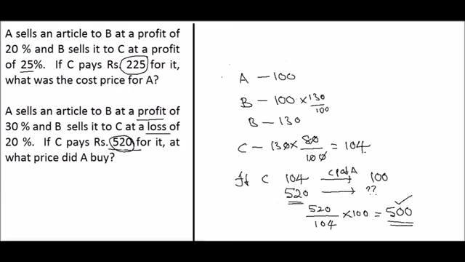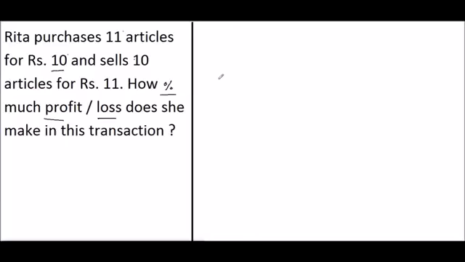This is how we need to go for the questions. Now let's go for a one step method for this. Simple one. You just write it down how they give. They have given in this way: 11 articles for 10 rupees, then sold 10 articles for 11 rupees.